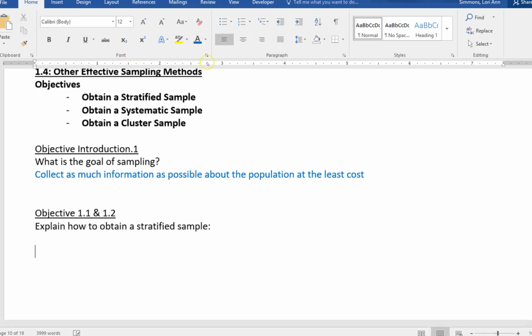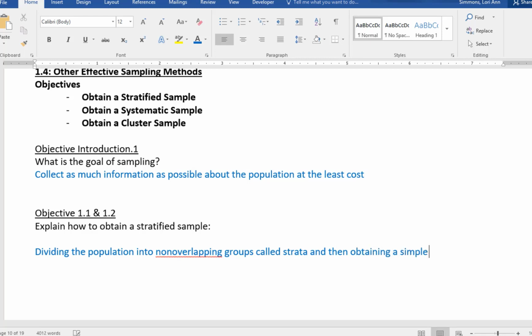So let's figure out how to obtain a stratified sample. You do this by dividing the population into non-overlapping groups called strata, and then obtaining a simple random sample from each stratum.